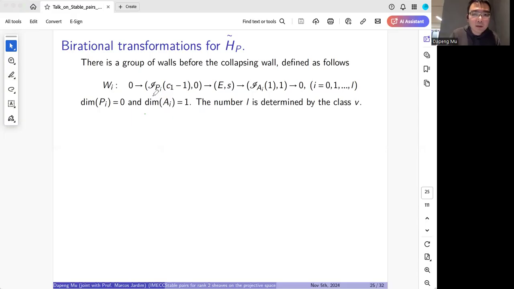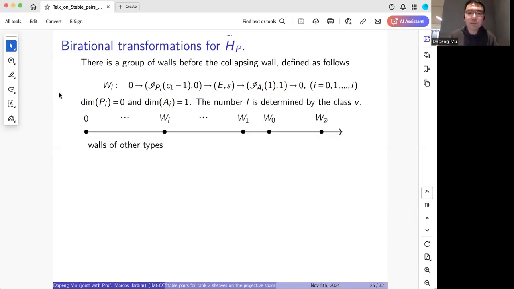Something special is that Pi is no longer one-dimensional; here they are zero-dimensional. And then these walls turn out to be the second largest ones, I should say before the collapsing wall. Here's the picture. The largest one is the collapsing wall. The second and third largest walls are those Wi's.